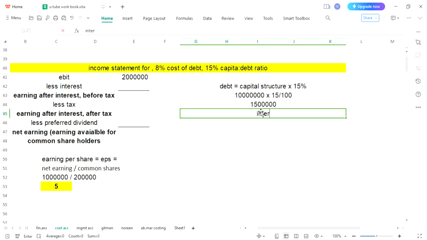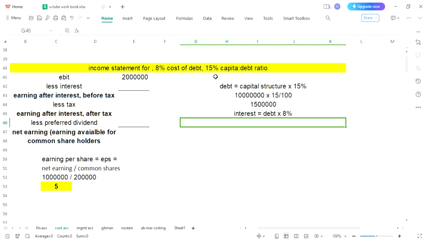So here you will calculate your interest by taking your debt and multiplying it by 8%, because cost of debt is 8%. Debt you have already calculated.